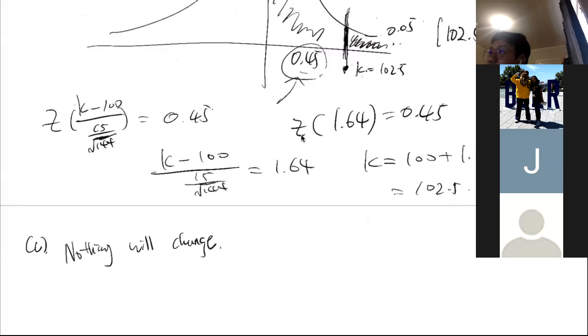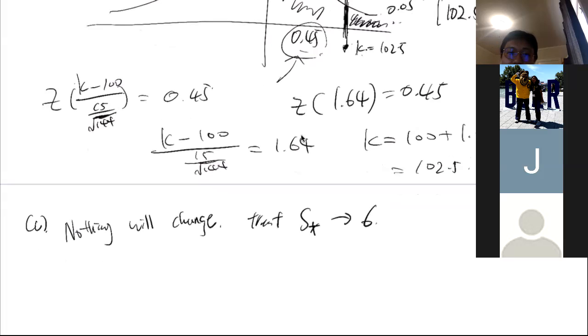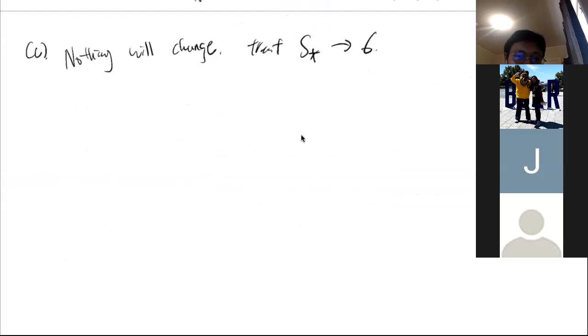Instead, we'll just take this sample statistic as given, and we will treat this sample statistic as the population standard deviation and do the same calculation. So I'll give you some time to work on problem 3.